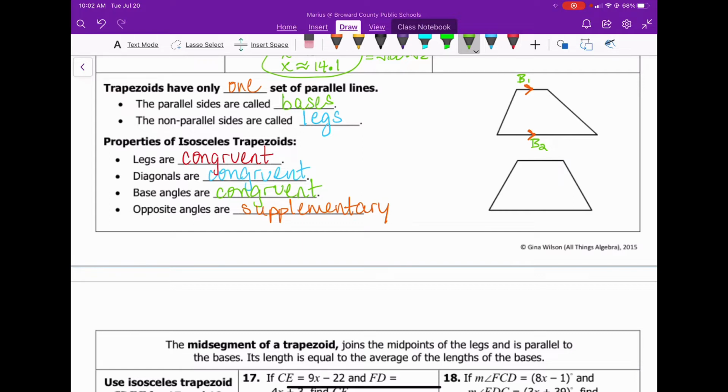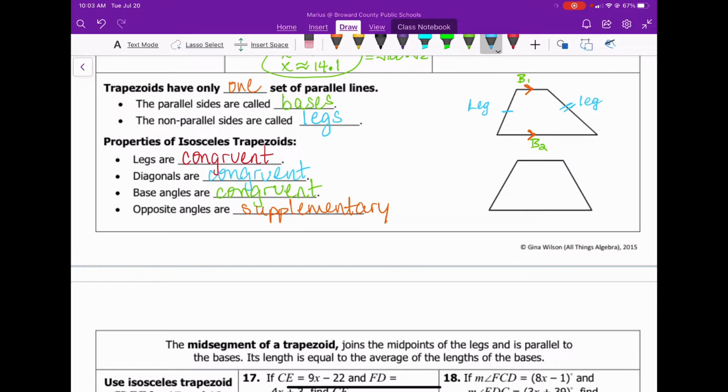Now, we're breaking it down to characteristics so we know what to call the sides of the trapezoid. The non-parallel sides are called legs. These two sides, which are not congruent, get two distinct marks. This is a leg and this is a leg.